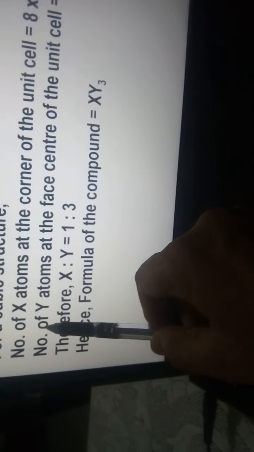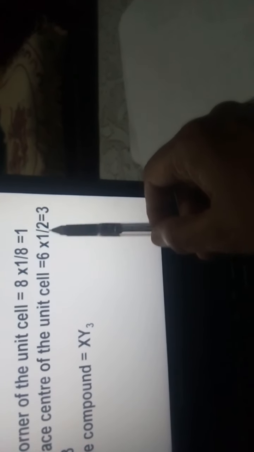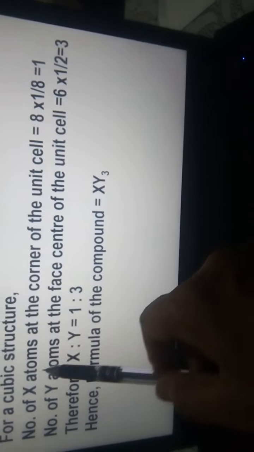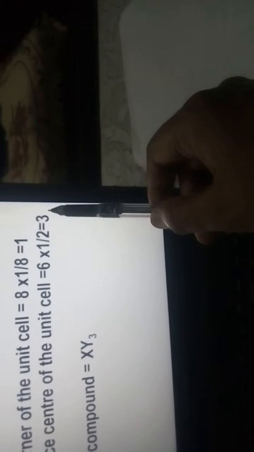Similarly, the number of Y atoms at the face centers of the unit cell: in a cubic unit cell there are a total of 6 faces, and each face contributes half portion of the atom. So the total number of atoms contributed by the face centers is equal to 6 into half, that is equal to 3, and Y atoms occupy the faces. So the number of Y atoms will be equal to 3.